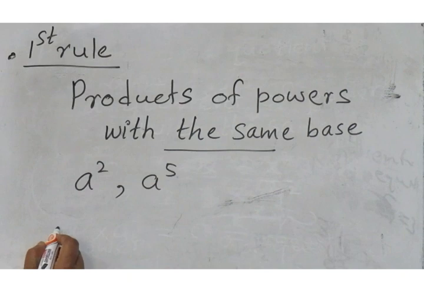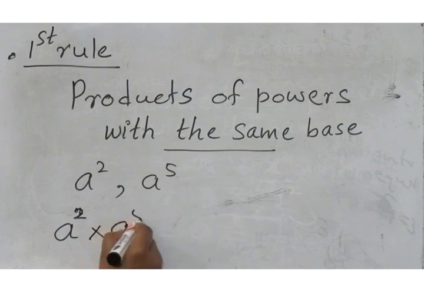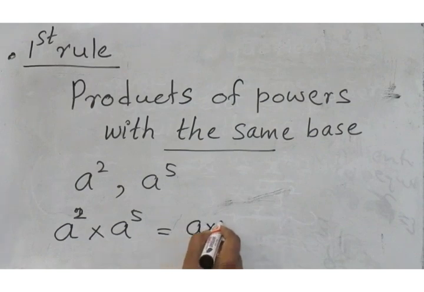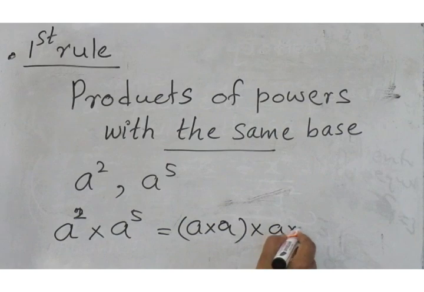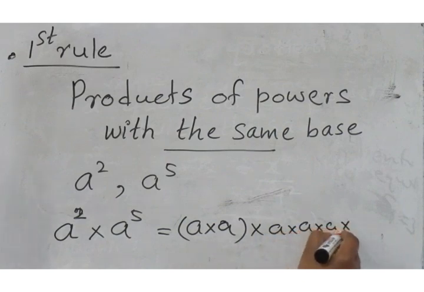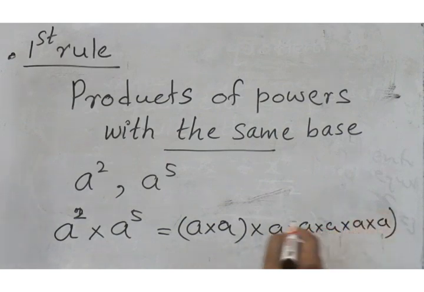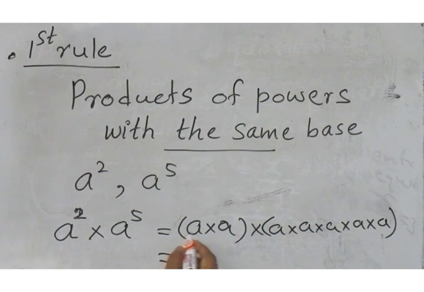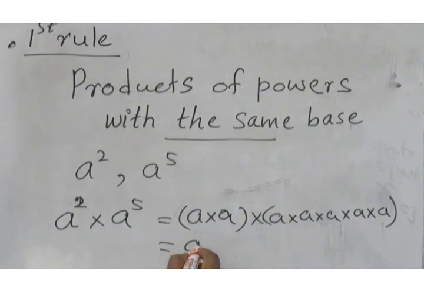Now see the product of these powers of equal bases. Now write the expansion form of this. First power a into a, second power is now we can take this product without brackets.